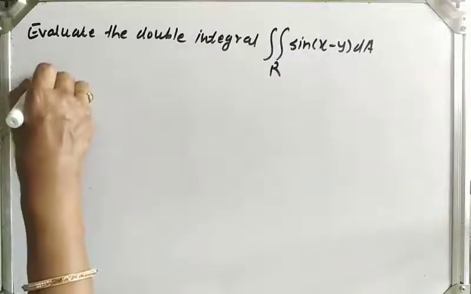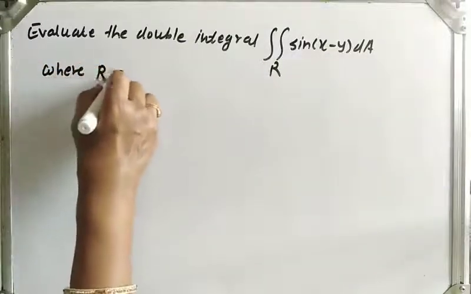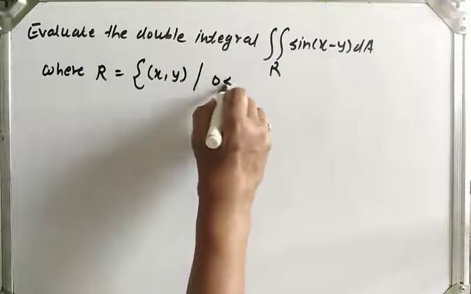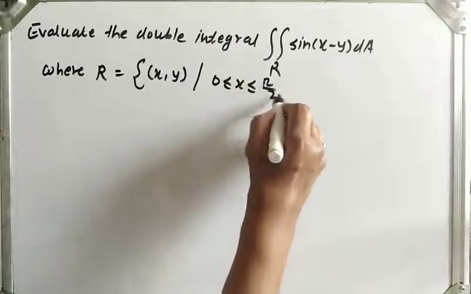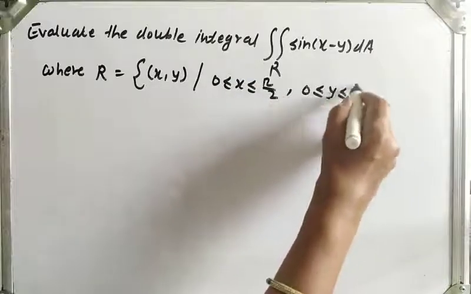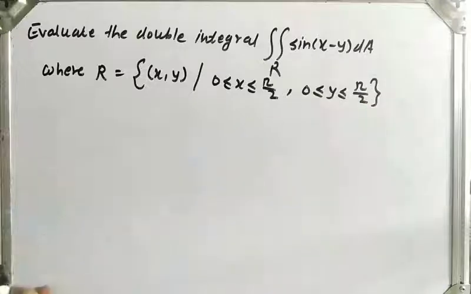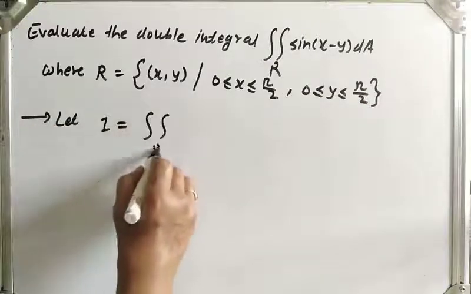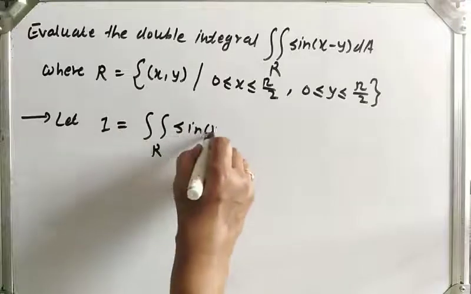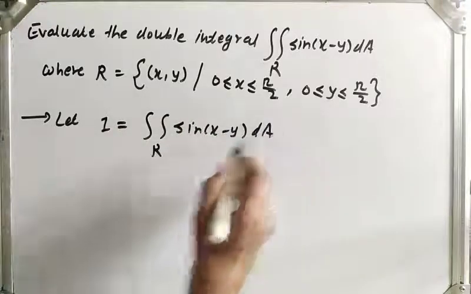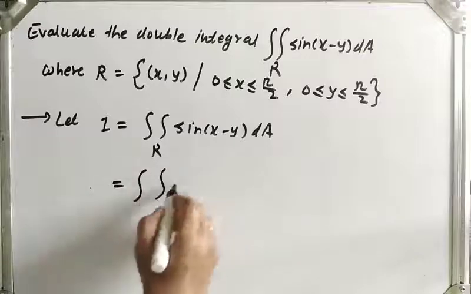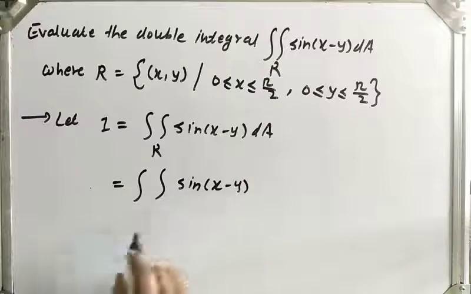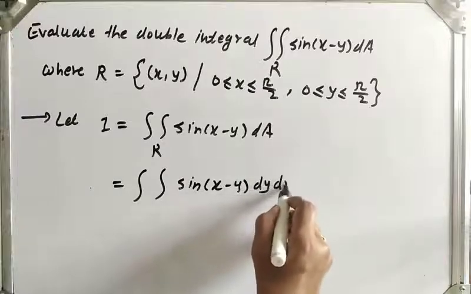It is given where R is equal to the ordered pair (x, y) such that 0 less than or equal to x less than or equal to pi by 2, comma, 0 less than or equal to y less than or equal to pi by 2. So in solution, let I be the double integral over R of sine of x minus y dA, which is equal to the double integral of sine of x minus y, we can take dx dy or dy dx.